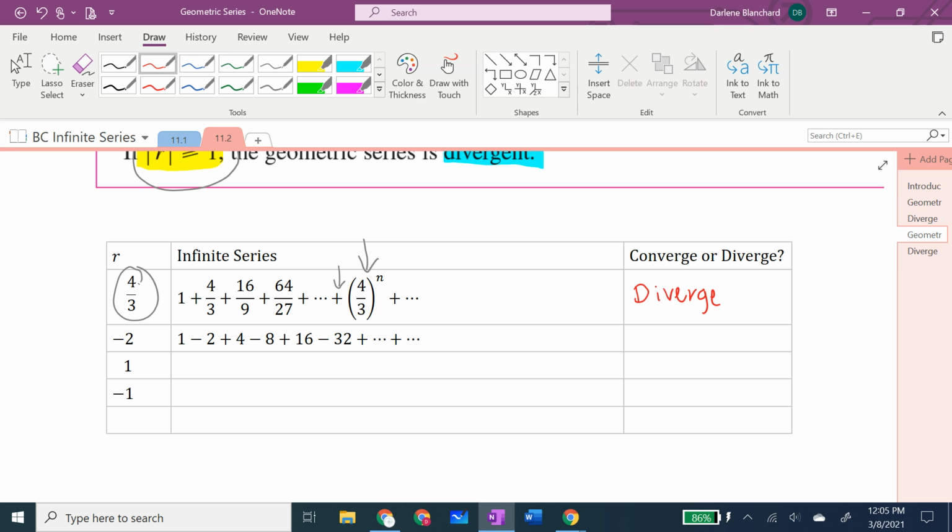Now, how about r being a negative number less than -1? We need to take a quick look at this. If I'm multiplying by a negative number, then I'm going to go back and forth between adding and subtracting.